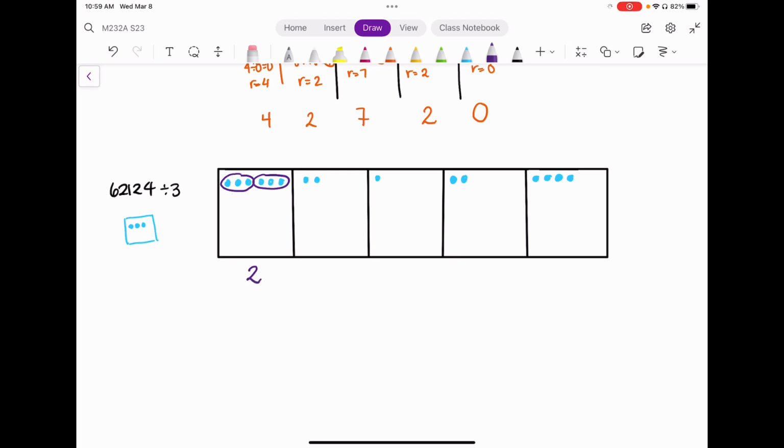In my second group, I can't divide anything out. I have no groups of 3. But I don't get just to leave those 2. I then need to take those 2 and move them over to the next box. This is base 10, so each of those becomes 10 dots.